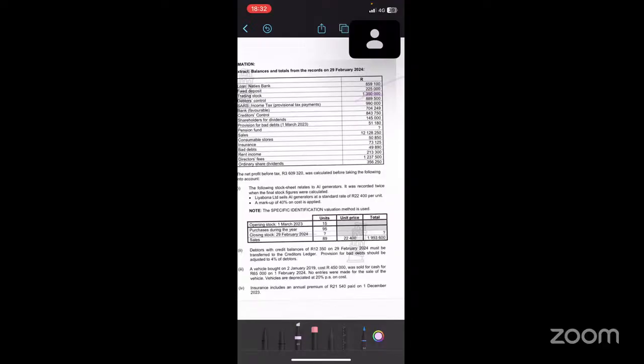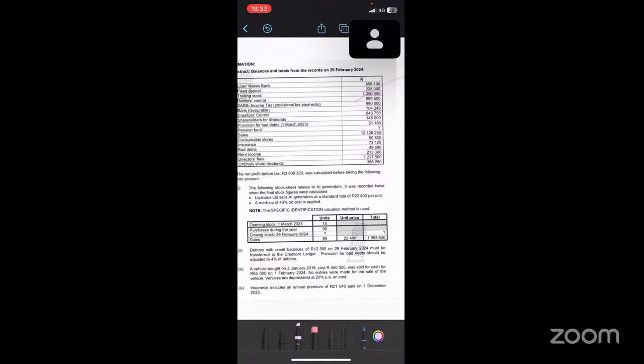21 units. So that means at the end of the financial period we should have 21 units of stock, the AI generators left in the business. Did everybody get 21? Yes, ma'am. I got 21.